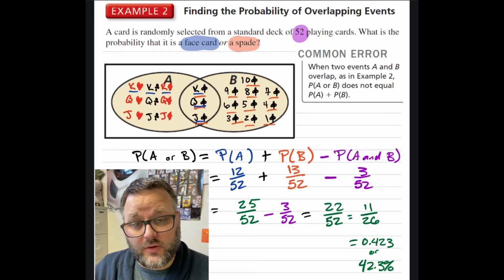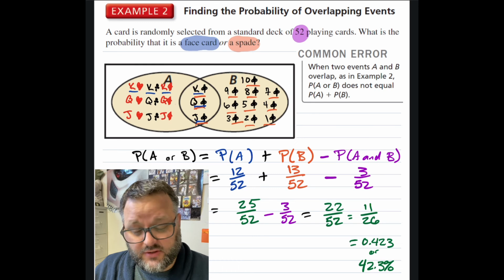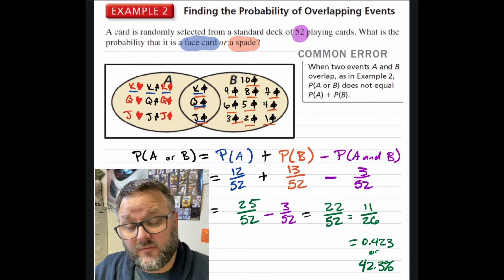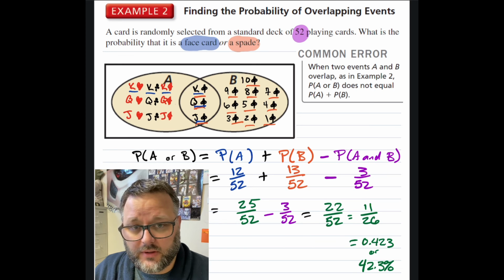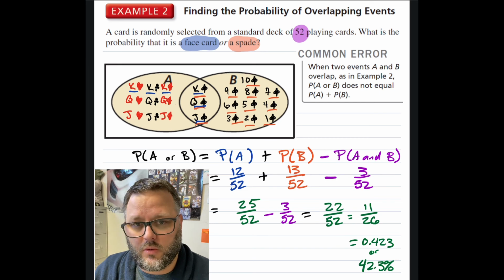Remember, all 3 of those are a probability. The 11 out of 26, the 0.423, and 42.3% all are the probability. You don't have to use all 3 answers. You can give one or the other or the other.